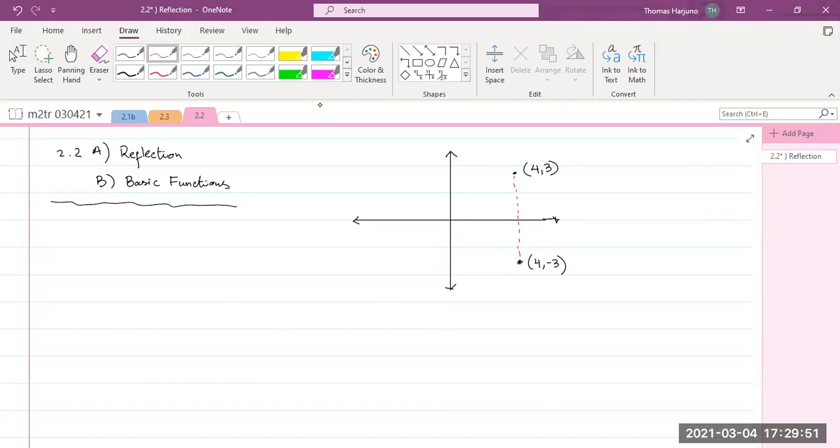When we reflect that with respect to the y-axis, then the y will stay the same. The x will get the opposite. If we reflect with respect to the origin, then the x will get the opposite, the y will also get the opposite.